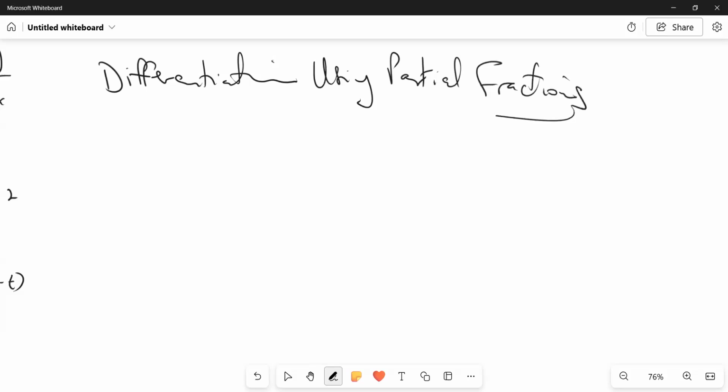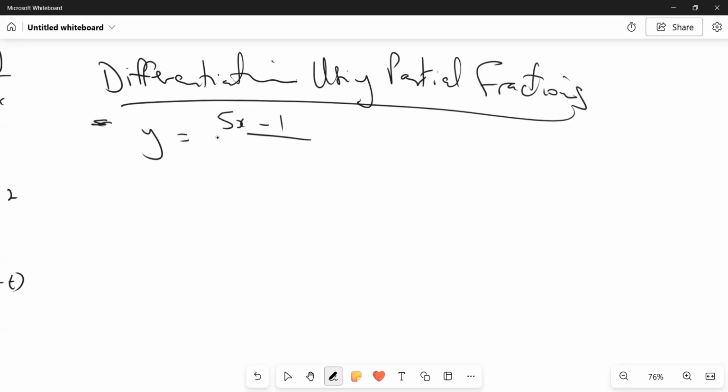I wonder if we did this inside algebra. I'm trying to remember now. Let me give you an example. So let's say you have to differentiate something like this. You're given y equal to (5x minus 1) over, right? You have to find dy/dx. Now, when you look at this, it looks like a quotient, huh?